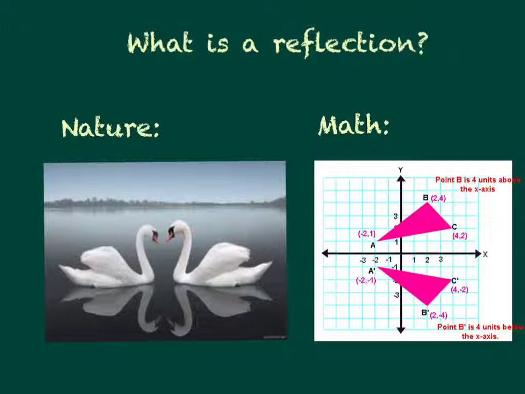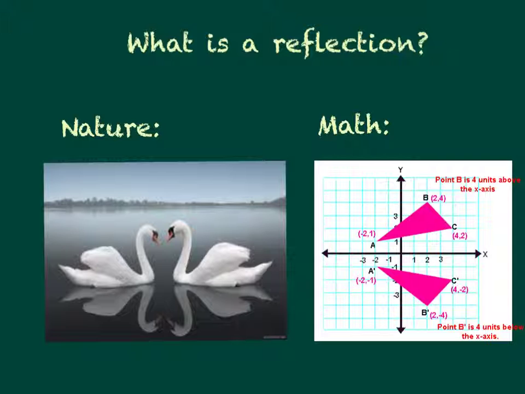Specifically, this video is going to deal with reflections over the x-axis. So for example, this point C started at (4, 2), reflecting it over the x-axis to C prime, put it at (4, -2). Basically, whatever distance a point is above the x-axis, we simply bring it below the x-axis.